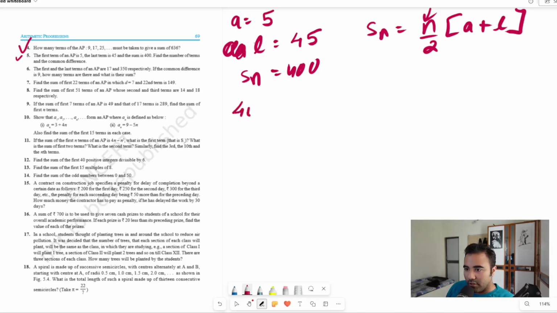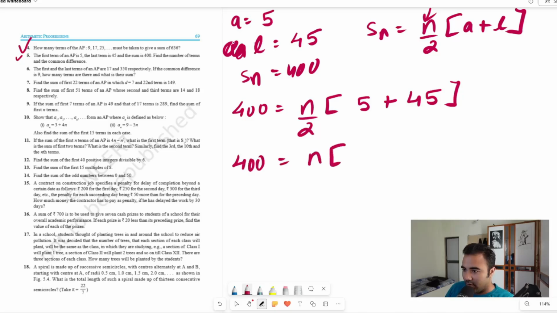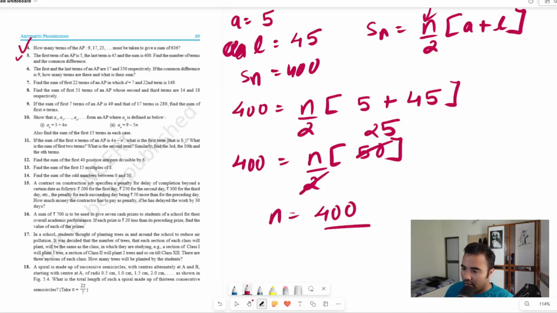Sum is 400. 400 is equal to n upon 2. What is the first term? 5. And what is the last term? 45. 45 plus 5 is 50, so 25. So n is equal to 400 divided by 25.